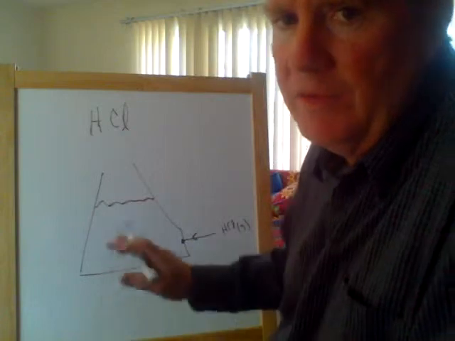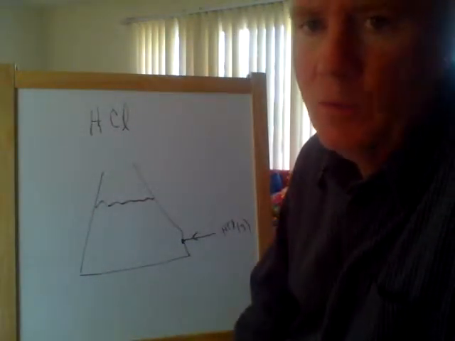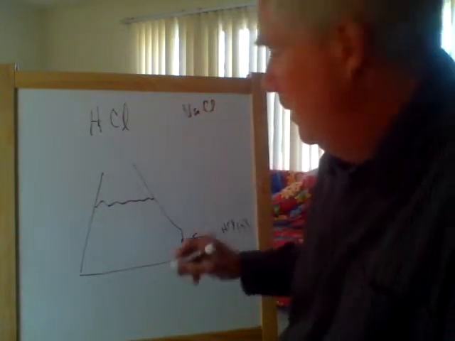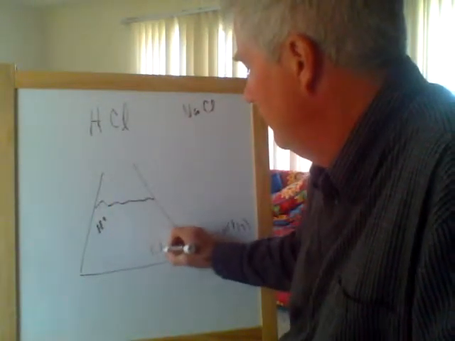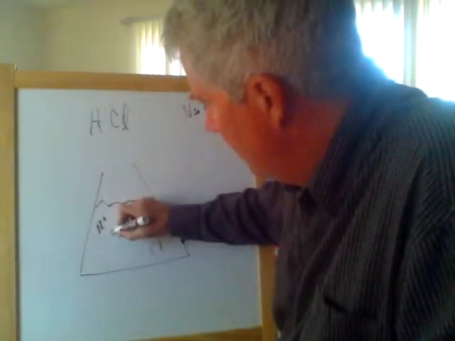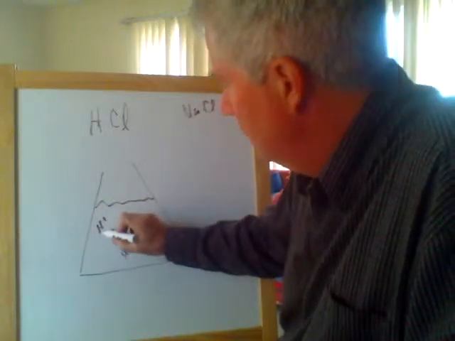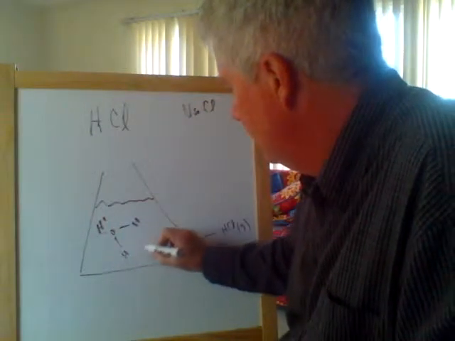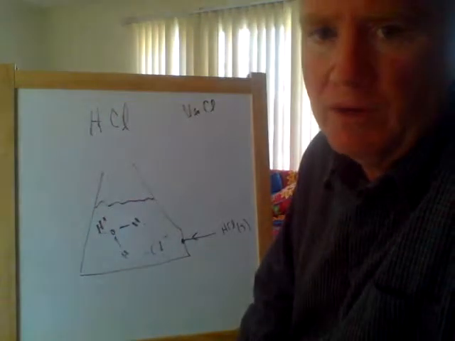What would happen is that the HCl would dissolve in the water, very similar to the way NaCl dissolves in water. It would end up becoming a little bit of H plus and a little bit of Cl minus, and of course good old water helps out by sticking itself between these things, so the O is joined to the H, and the Cl's are not really attached, but they have an affinity because of their charge.